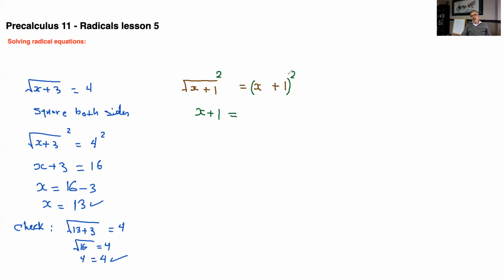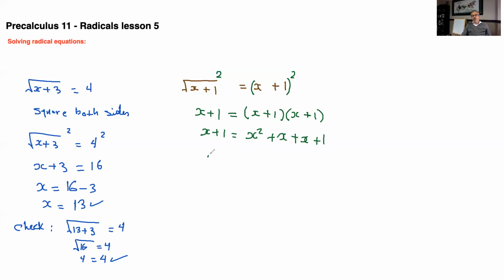This, again, don't just square the x and the 1 because this expression squared means x plus 1 is multiplied by itself. And therefore we have x plus 1, FOIL this, x squared plus x, again, plus 1.